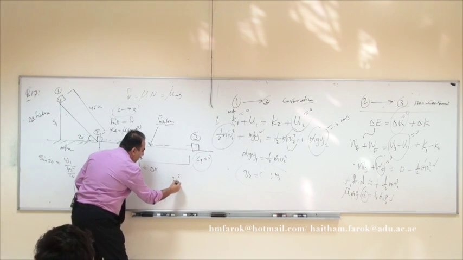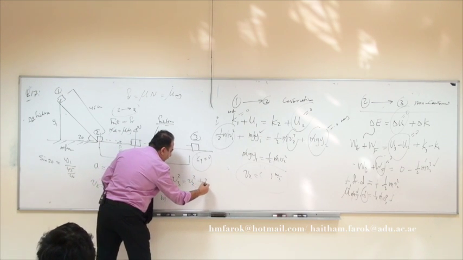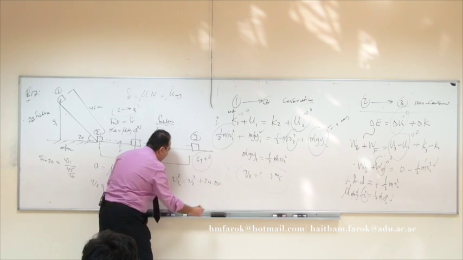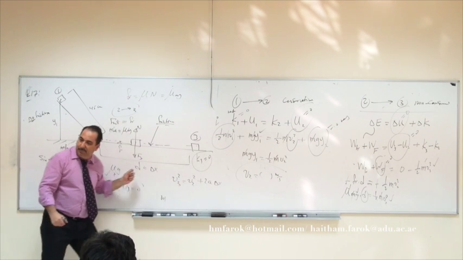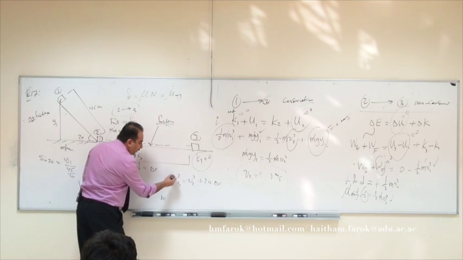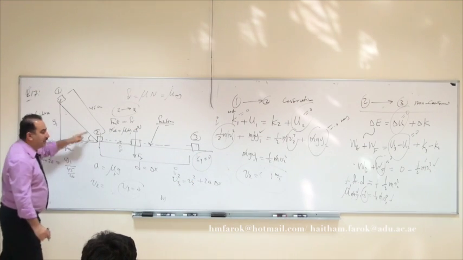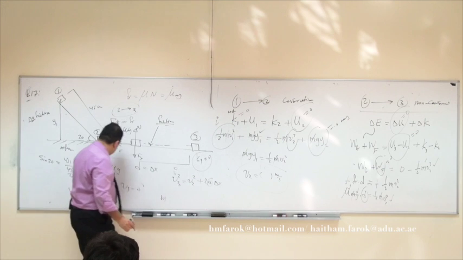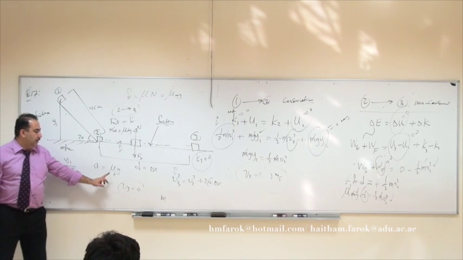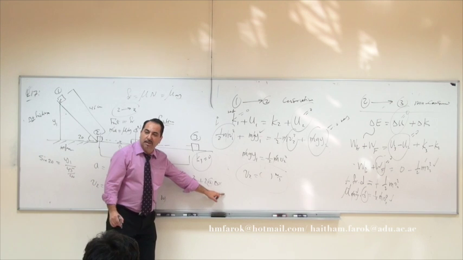V squared at 3 equals V squared at 2 plus 2a delta x. Delta x is the x, d. V3 stops. V2, you found it in the first part. a, you found it from mu g. What is the unknown?